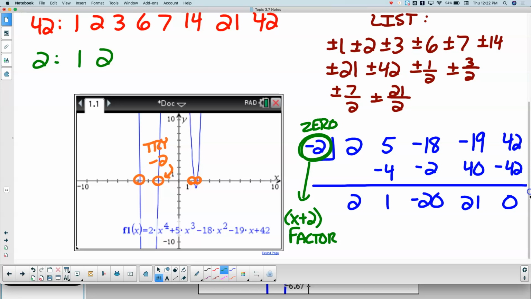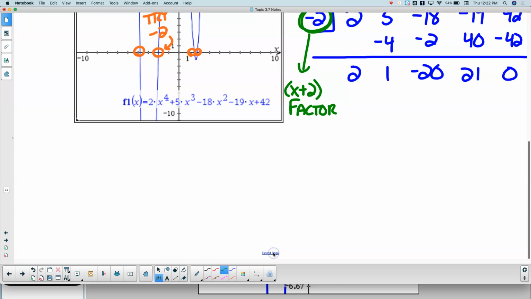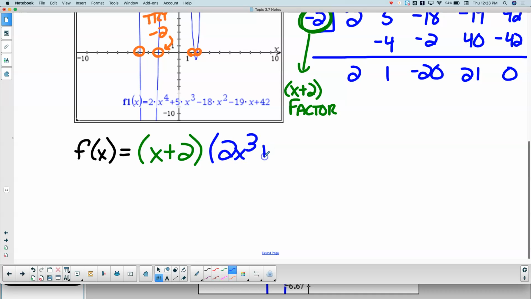So that means that I can write f of x now as x plus 2 times what? 2x cubed plus x squared minus 20x plus 21.